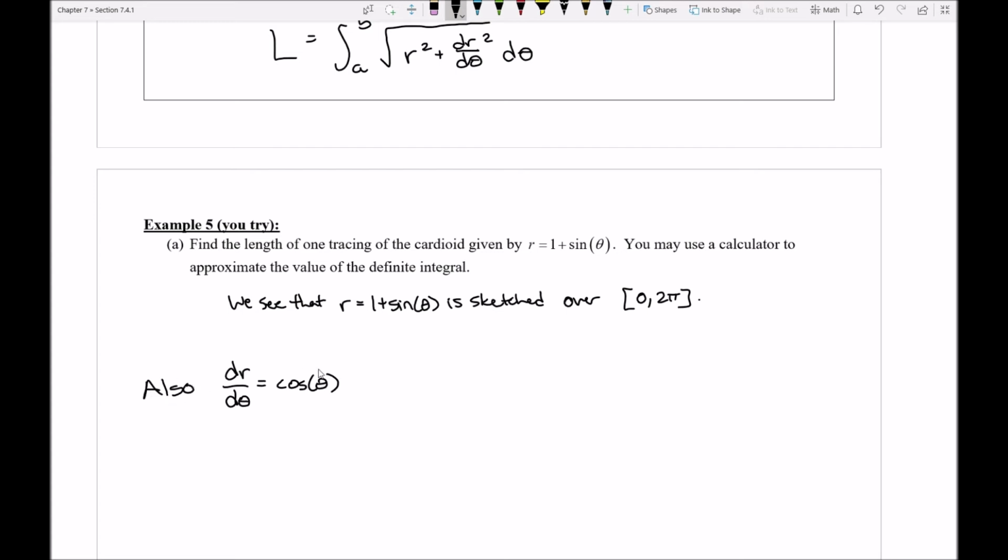So I'll say also dr d theta is equal to this, and so my arc length should be an integral that goes from 0 to 2 pi, and then I should have my r that's getting squared, so my 1 plus sine theta, and then I can go ahead and square my dr d theta, which is my cosine squared, and I have all of this d theta.